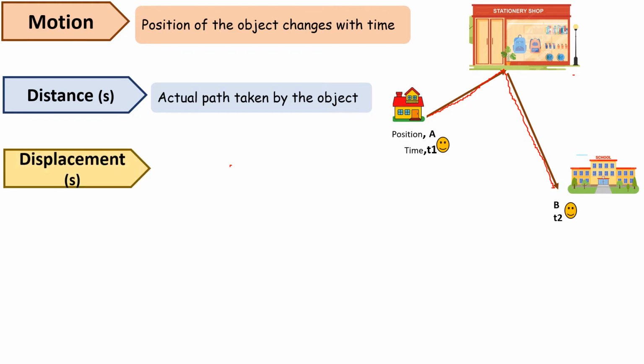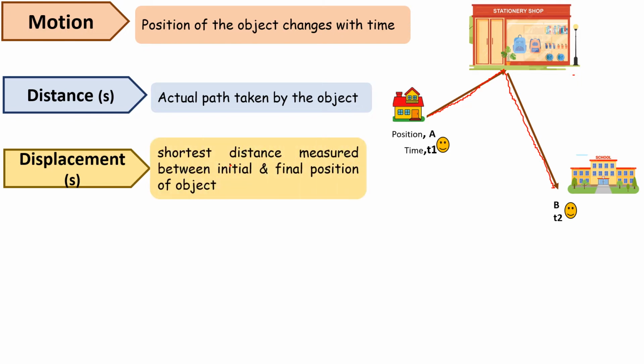Now there is another term called displacement, which is also represented by small s. Displacement is the shortest distance measured between the initial and the final position of the object. So your initial position is the home and final position is the school. So the shortest distance is the displacement.